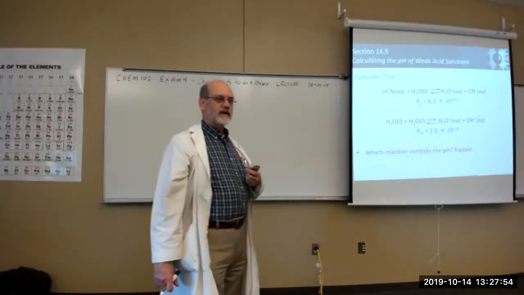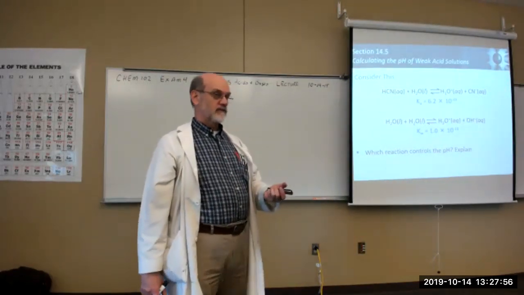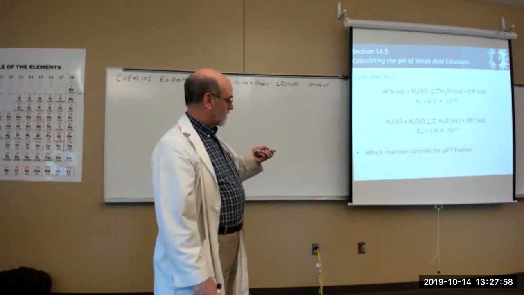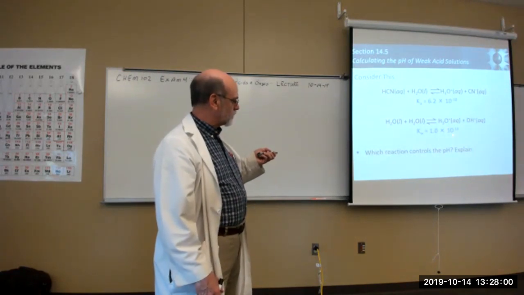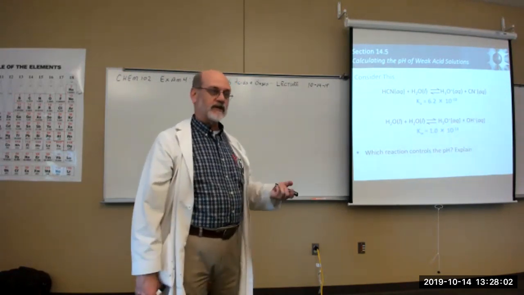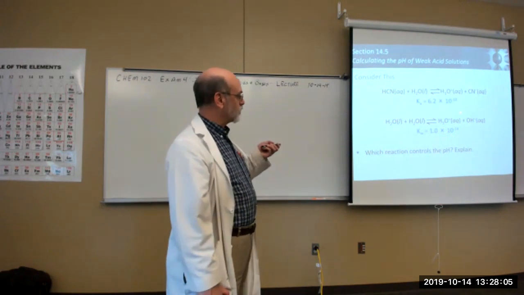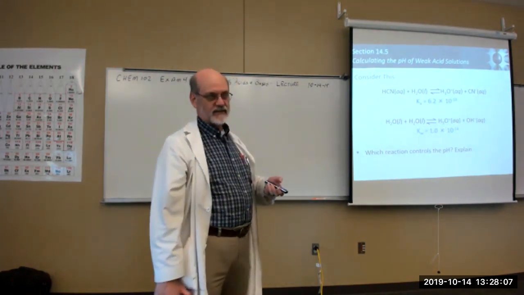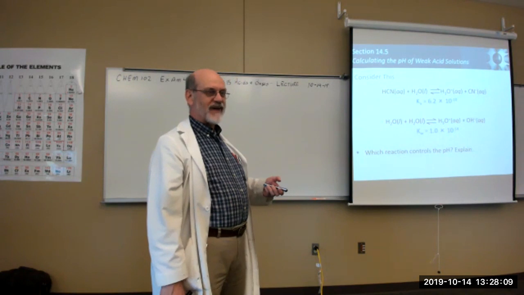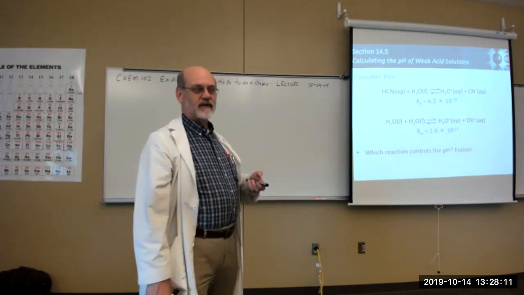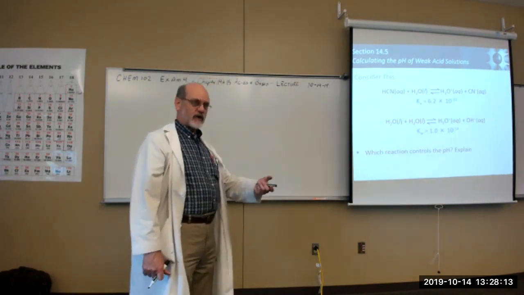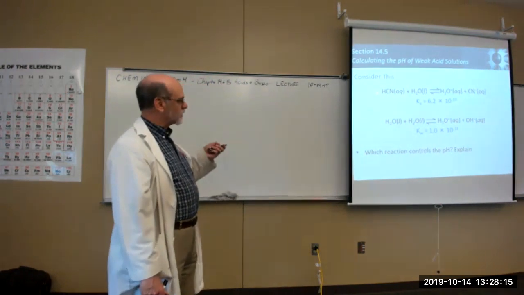It's the one that produces the most protons, right? This one only produces protons to the effect of 10 to the minus 14, whereas this one produces protons 10 to the minus 10. So it's 4 orders of magnitude greater ability to produce protons. That means this one is the controlling reaction.